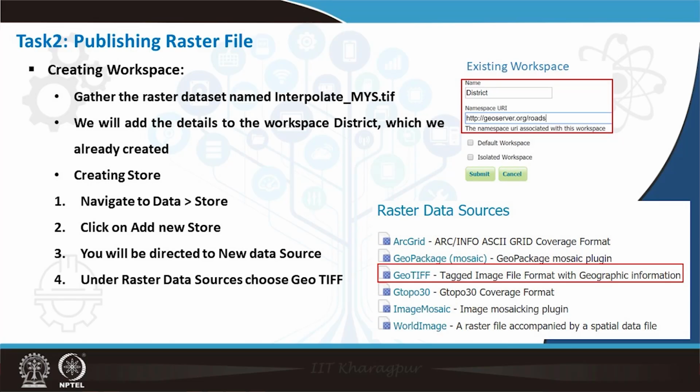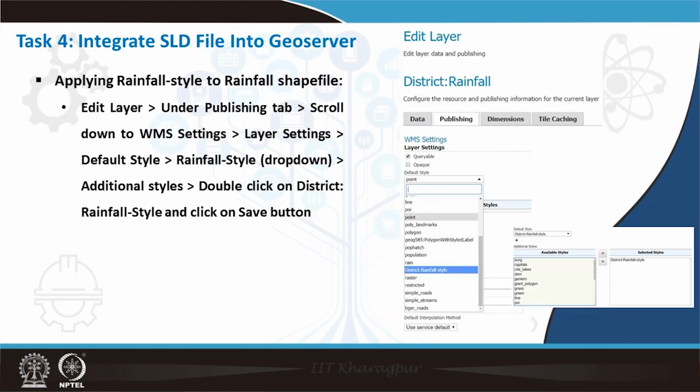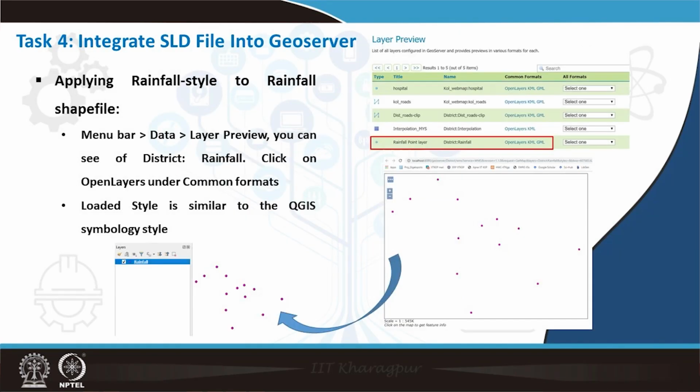So far we have seen how to publish a raster file and how to integrate the style layer descriptor into the Geoserver interface, and finally we have seen how to put multiple layers.